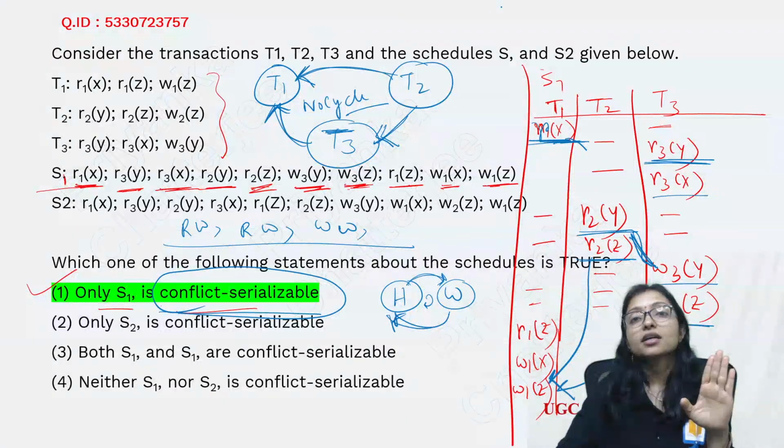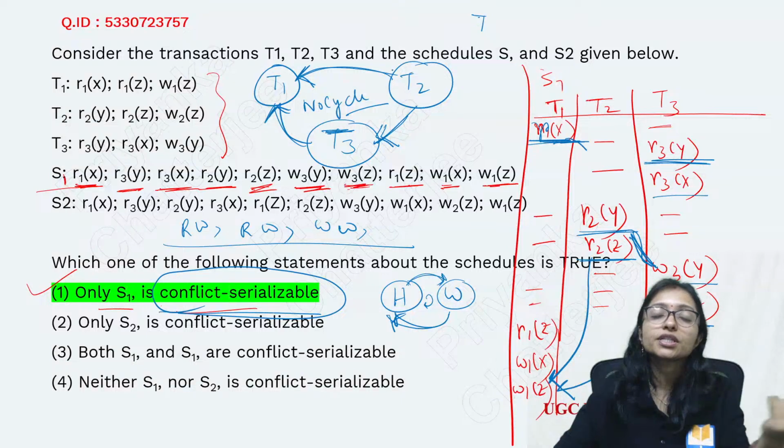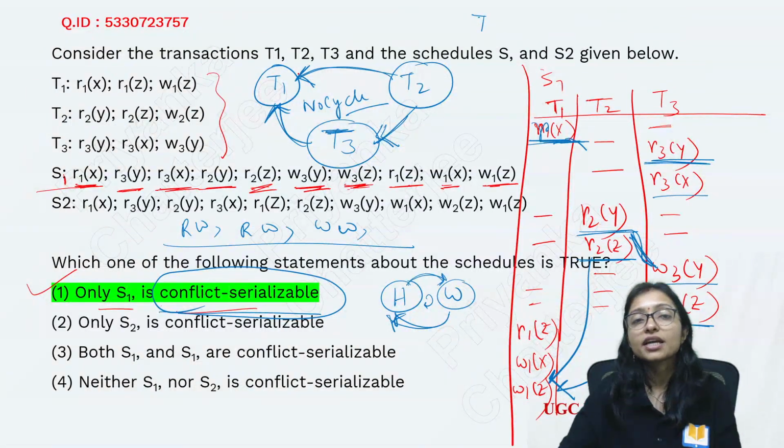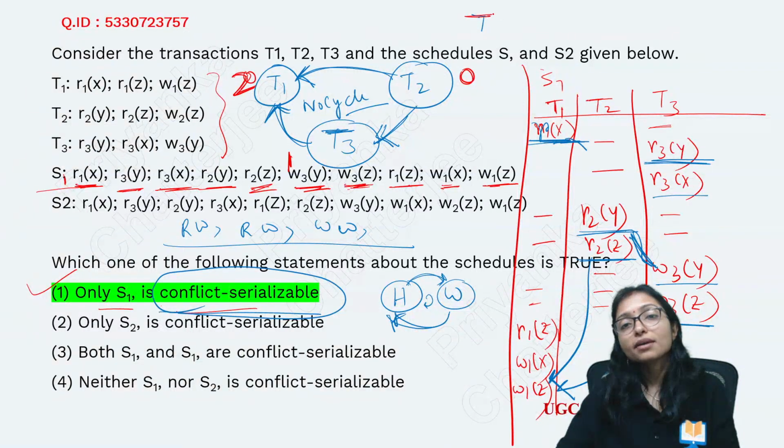Serial means you have to make it like that. What is the serial schedule here? Here in-degree is 0, here in-degree 2, here in-degree 0, here in-degree 1. That's why you can make it serial: T2 will go first.